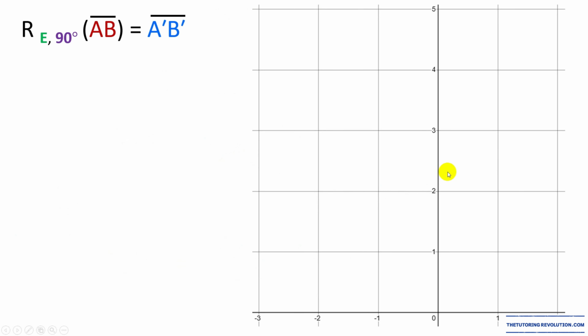We're going to give an example of how to use the protractor to calculate the resulting segment A prime B prime after a rotation of this AB segment. Basically, E is the center of rotation, so we're going to choose this point here for E, with coordinates (0, 1).